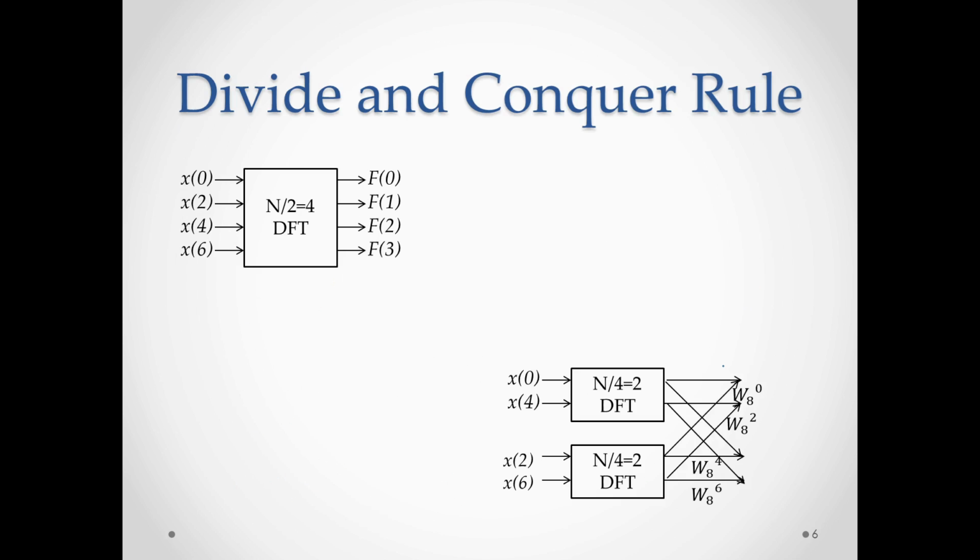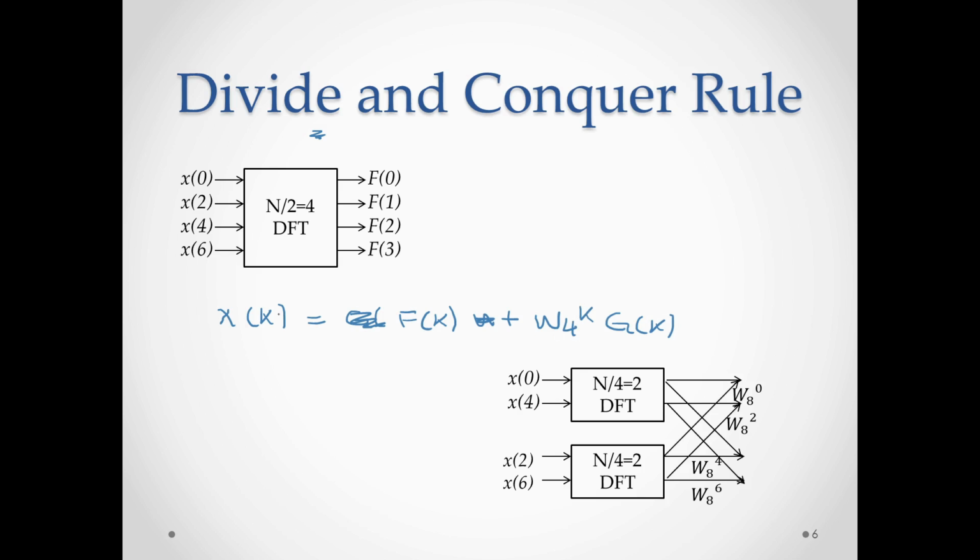Oh, one more important thing that I forgot is what I did while drawing the function. Okay, let me rewrite the formula. What I did was x of k is equal to f of k plus w4k g of k.